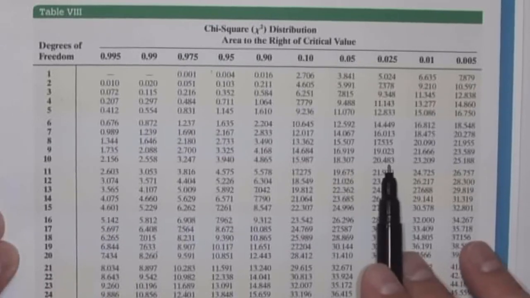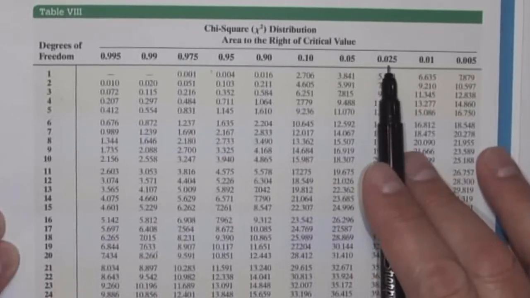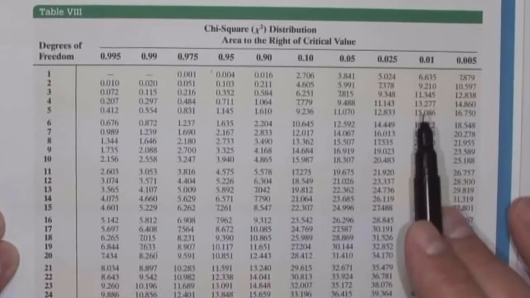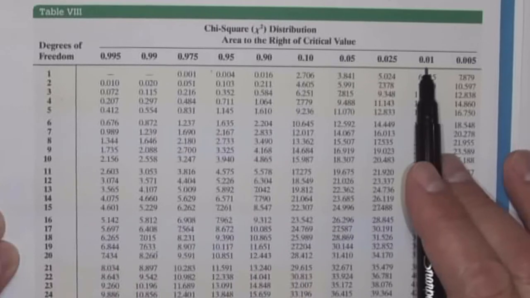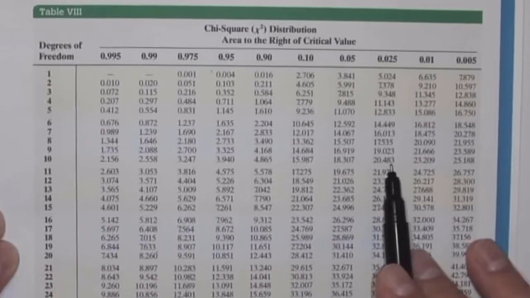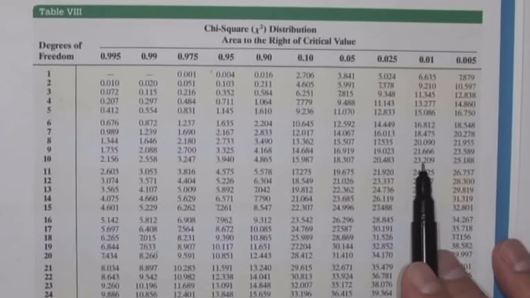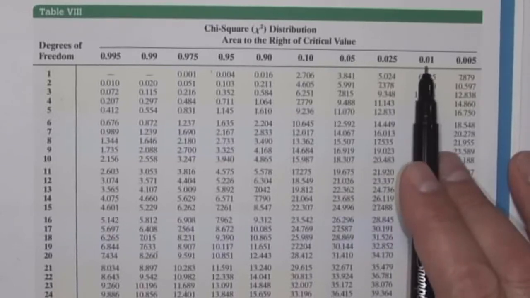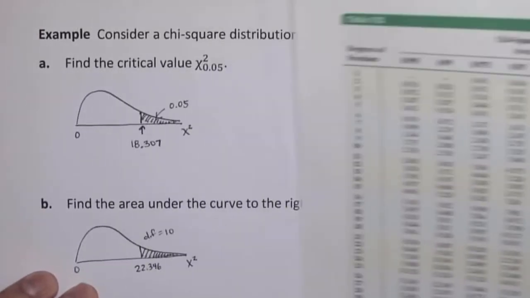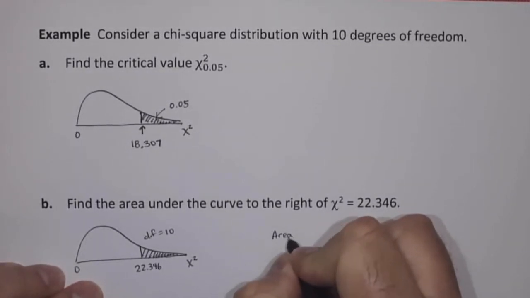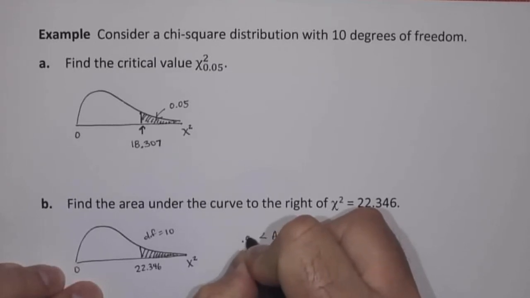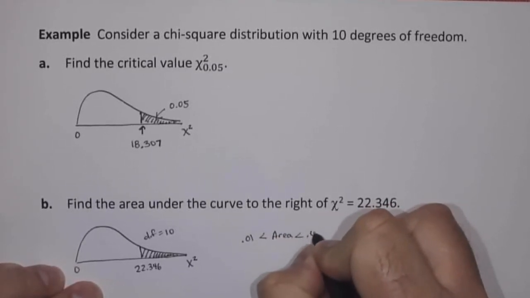Now, 20.483 has an area of 0.025 to the right, and 23.209 has an area of 0.01 to the right. Since 22.346 falls in between these two values, the area to its right would be somewhere between 0.01 and 0.025.